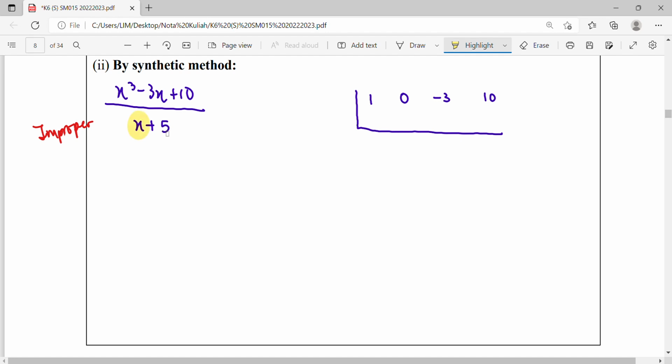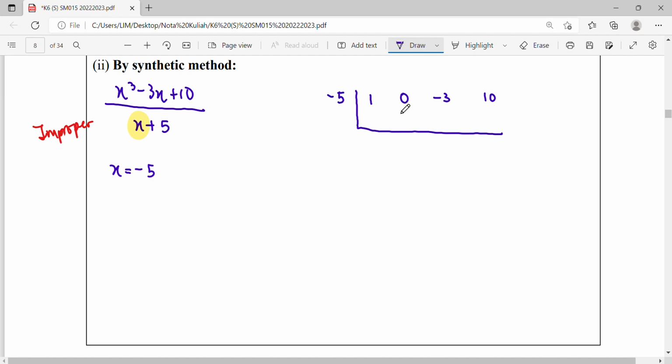Our divisor x has to start with a value of 1, so it cannot accept 2x, 3x, 4x, and so on. For that case, we have to factorize out the coefficient in front of the linear term. For this divisor, it is okay. So for x plus 5, the divisor value that we find here is negative 5. So negative 5 we're going to put here.